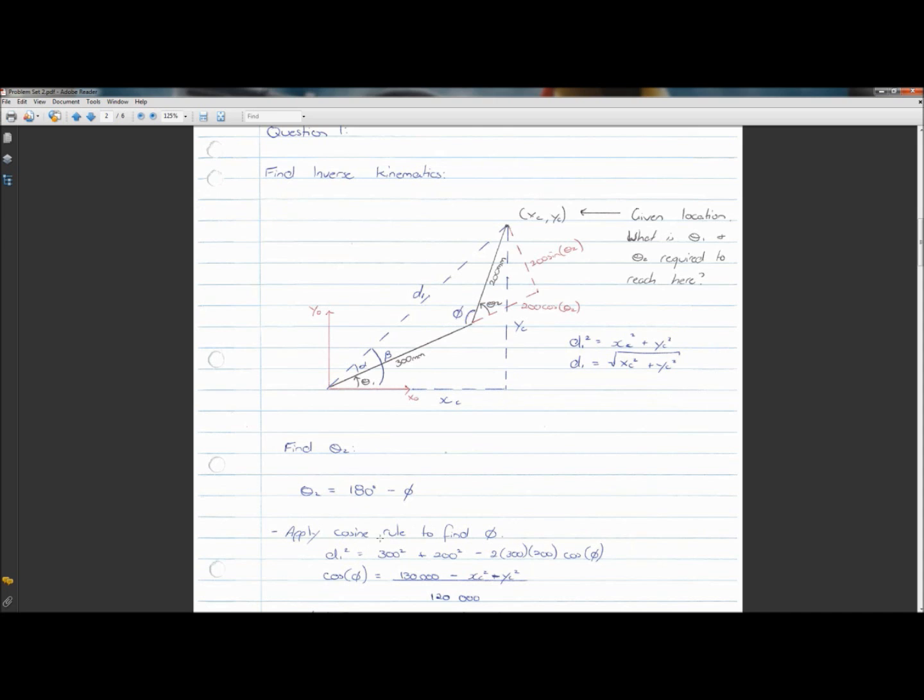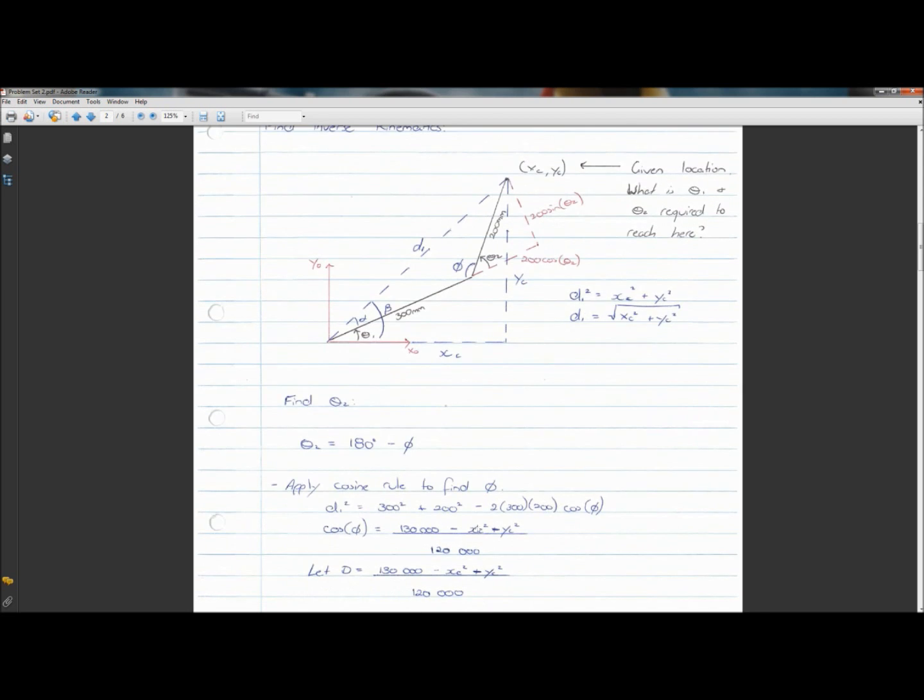We can then apply the cosine rule to find cos phi. We've got this triangle here from link 1, link 2, and D1, which we can use the cosine rule on to find phi. So D1 squared equals 300 squared plus 200 squared minus 2 times 300 times 200 cos phi.